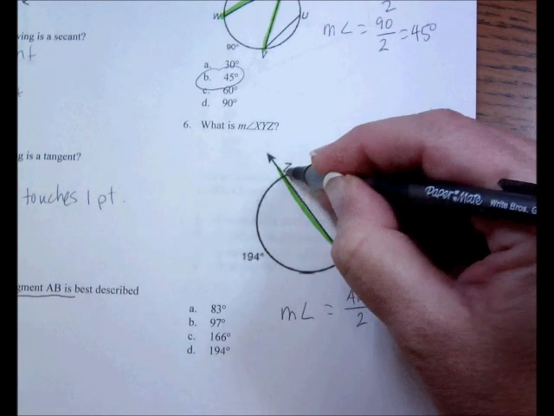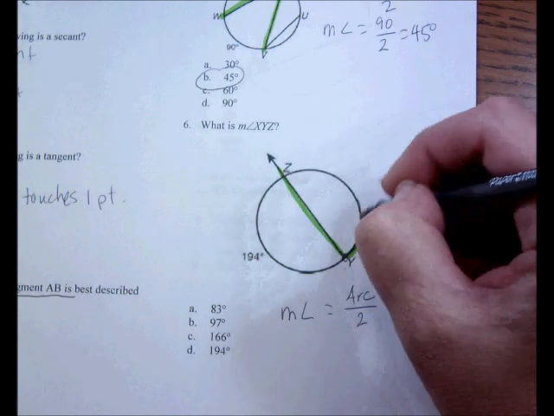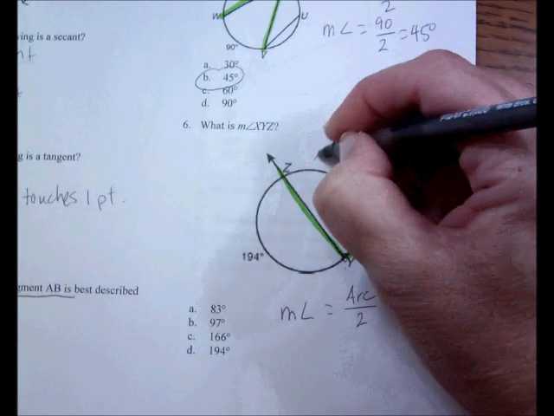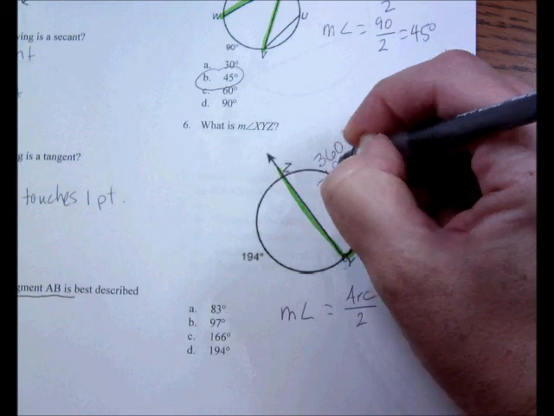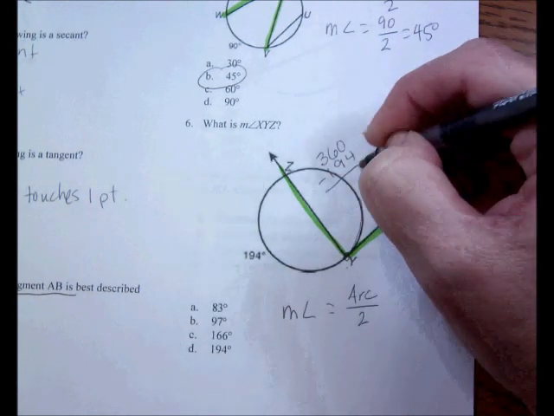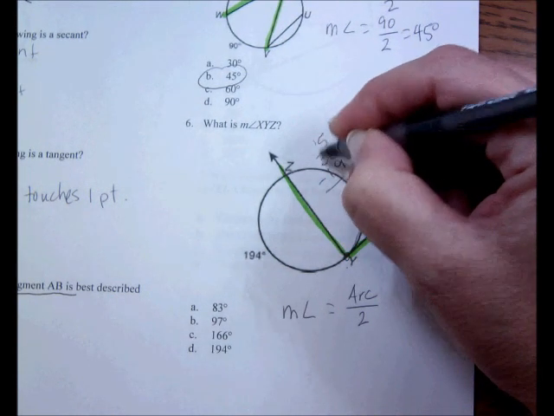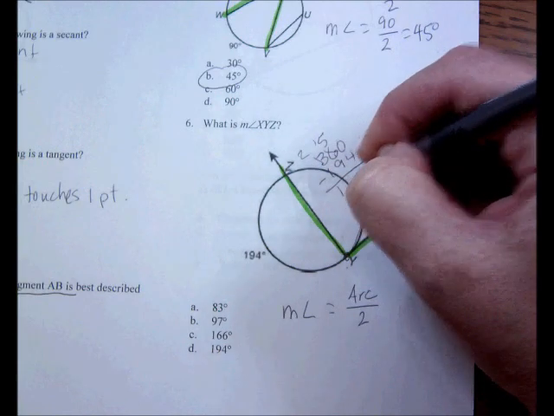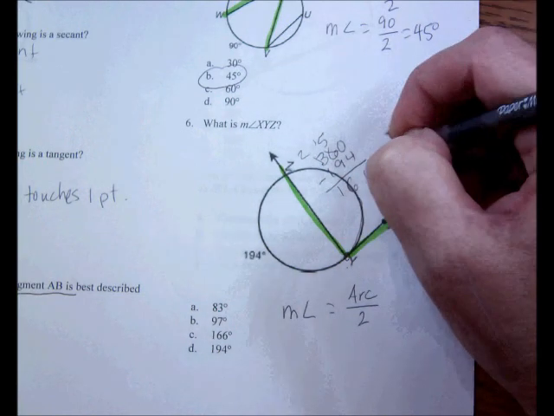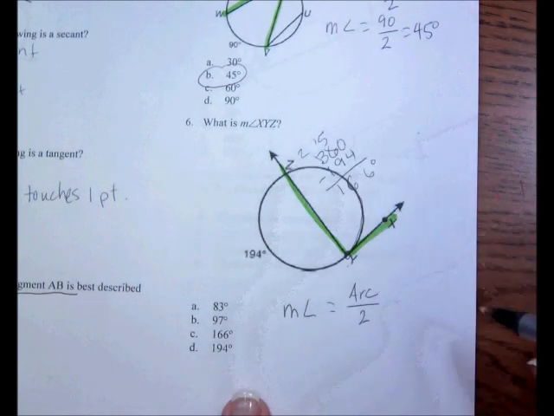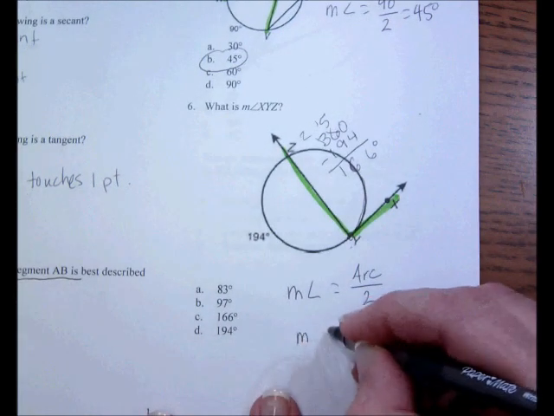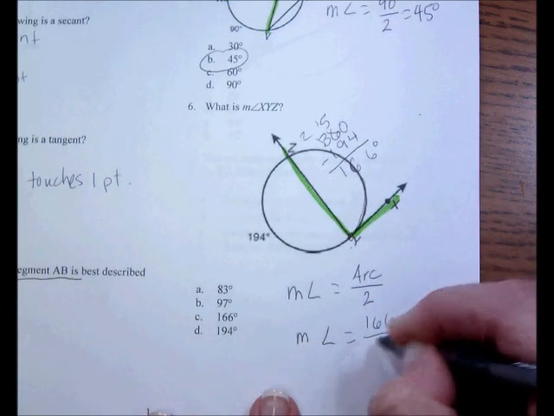So to find the minor arc ZY, I have to take 360 minus 194, and that is 166. So the measure of the arc that the angle intercepts is 166, and the measure of the angle is 166 divided by 2, which is 83 degrees.